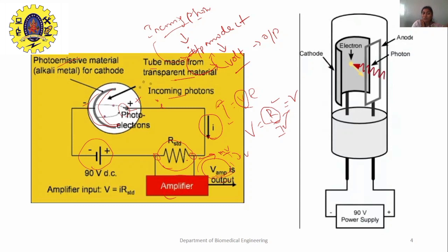So here also, to energize the cathode and anode, you need some external supply, so that on the striking of photons, they get converted into electrons. To energize that, we are supplying power from outside. Here we have given a 90 volt DC supply. Since we have added this, this type of transducer is called a passive transducer.